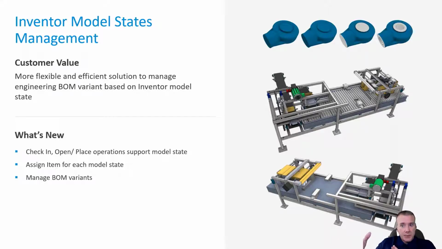And this is pretty new technology. This is revolutionary technology, I think, in Inventor 2022. And so Vault needed to support that. And I'm happy to report that it supports it extremely well.